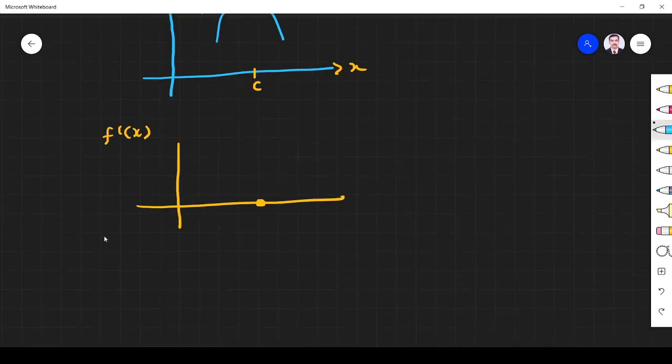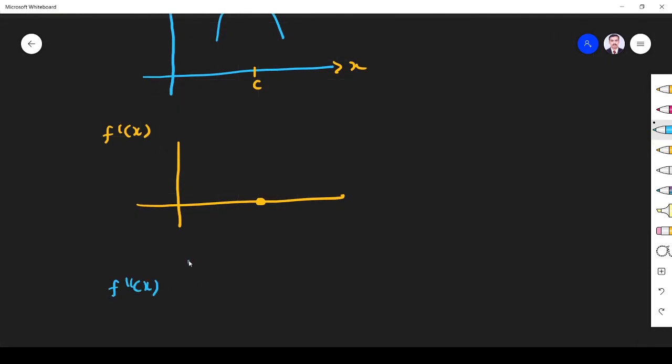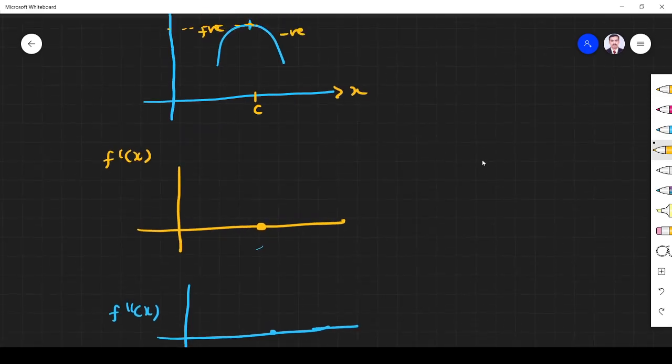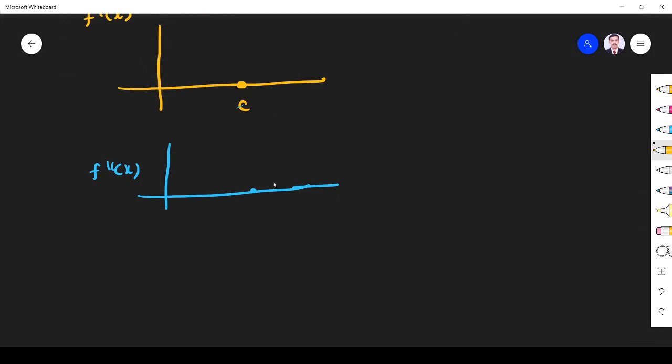If you take the second derivative, what will happen? After this point, the slope is negative. Yes or no? So the second derivative will give a negative slope.